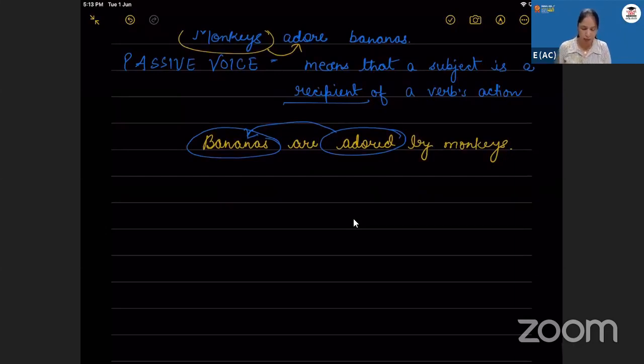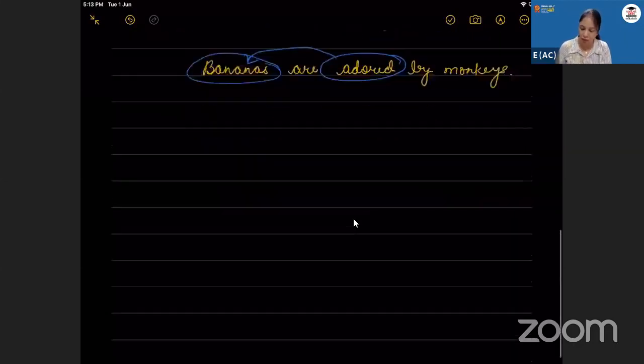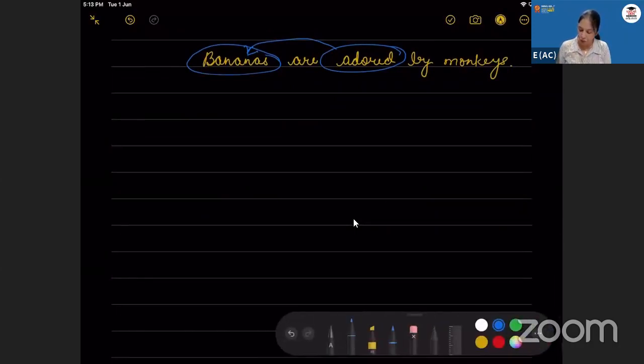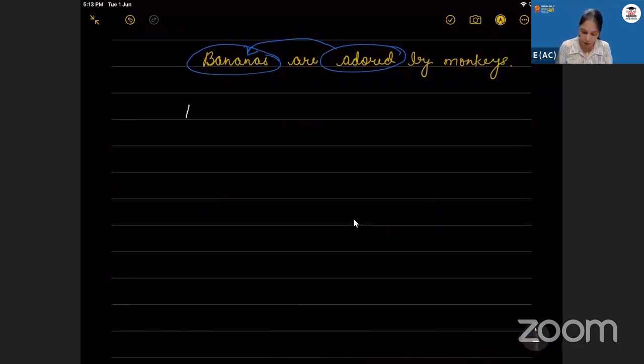So the basic difference is clear. One more way, I'm writing the difference between active and passive voice, right?